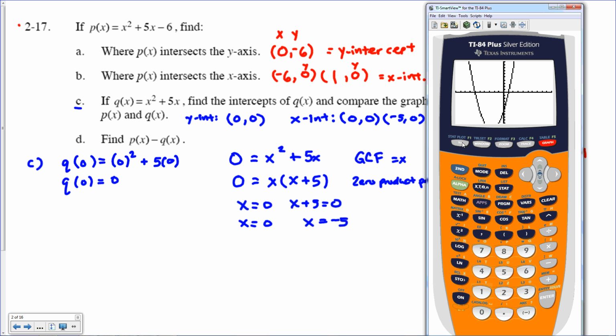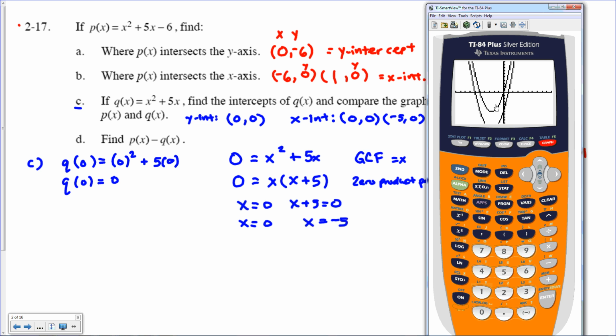Now let's put that other graph on here. Let's arrow down and put a second function on. We're going to say x squared plus 5x. And let's graph that one now. So it looks like our graph has been shifted up. The other one here was down. This one shifted up 6 units.